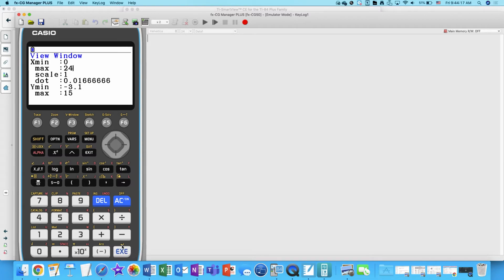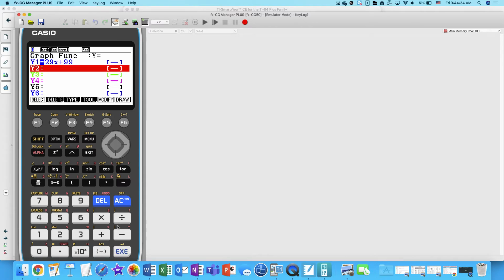Okay, the scale is fine. I'm going to make my y min 0 and my y max 1,000 and my y scale 100. Okay, and then I can draw it again. And there we go. That's better.